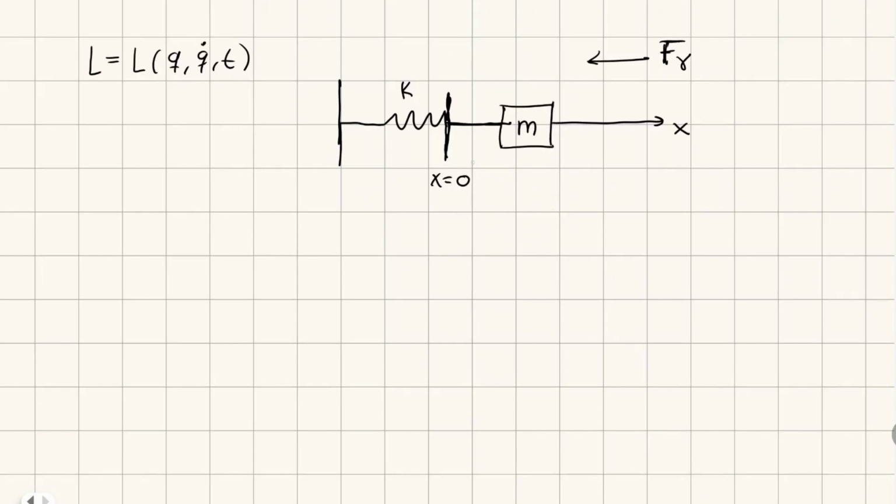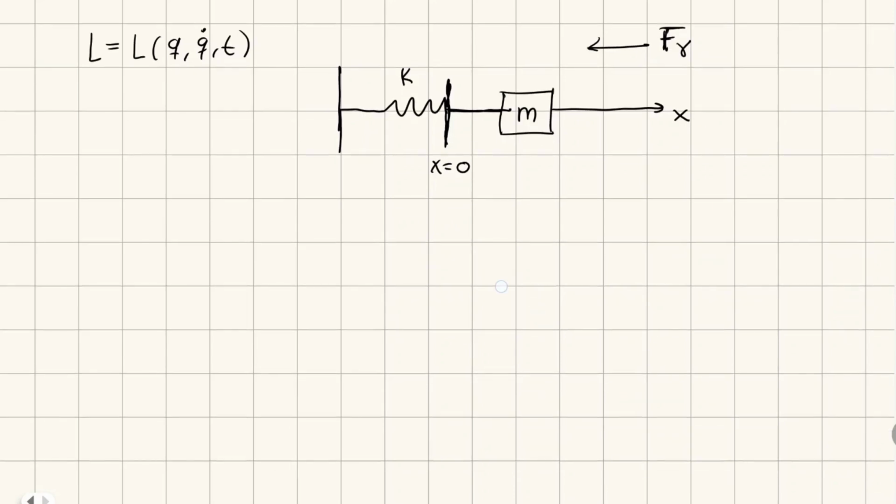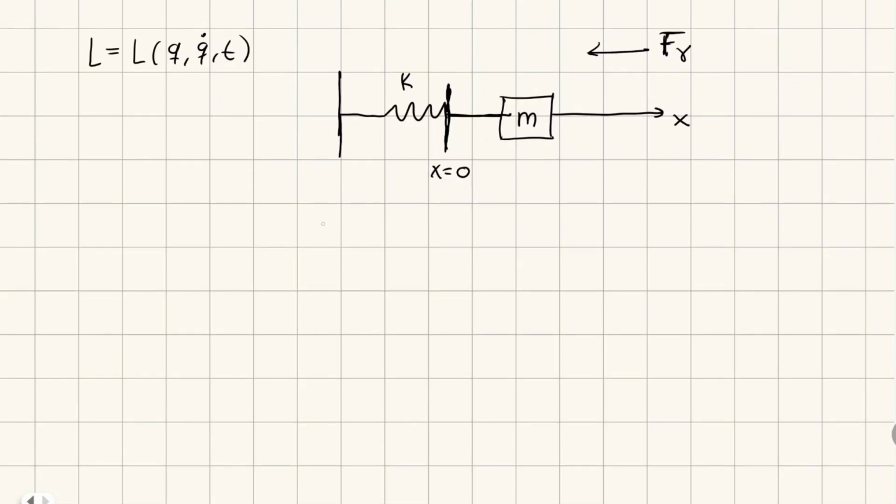But if the block is moving through the negative x values, the spring will be in compression. So that means that the force of the spring will be applied to the right. That is if the block is moving to the left. So it's opposite to the values of x.